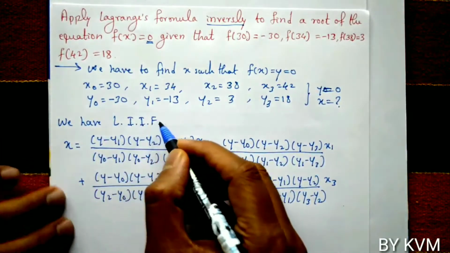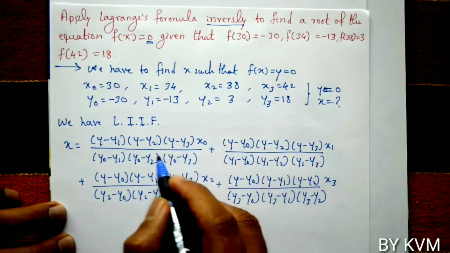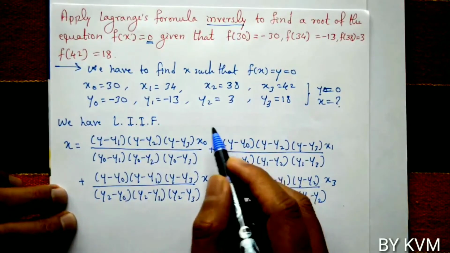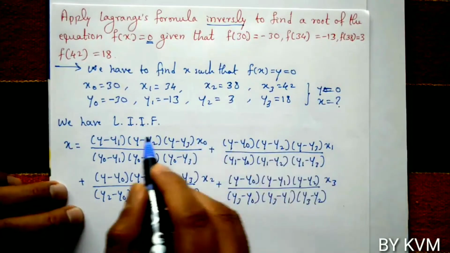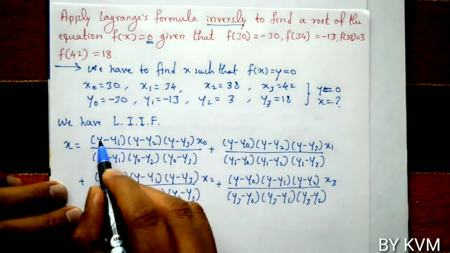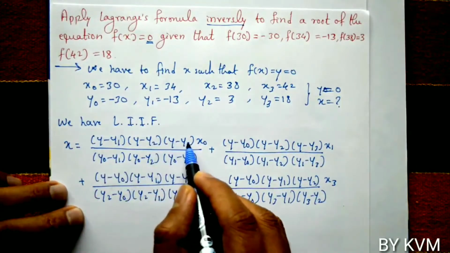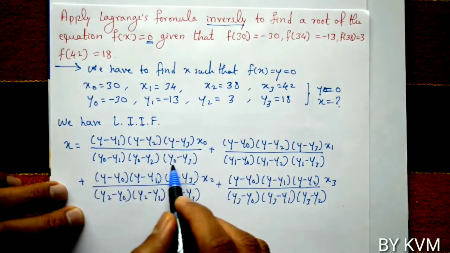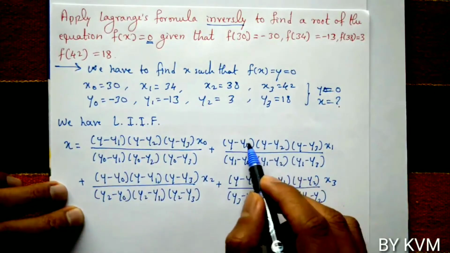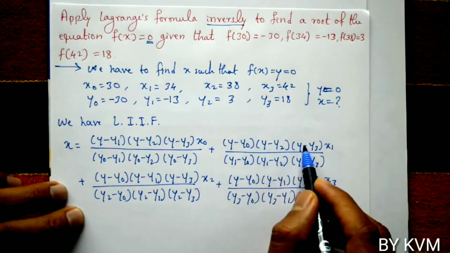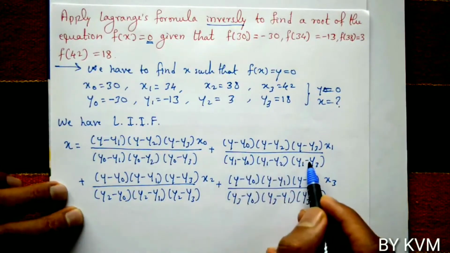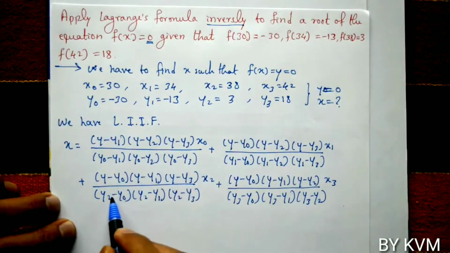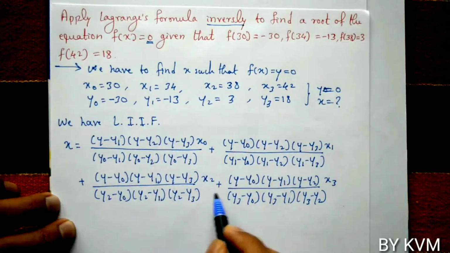So the formula is x in terms of y: (y - y1)(y - y2)(y - y3) into x0, divided by (y0 - y1)(y0 - y2)(y0 - y3). In the second term, y1 is excluded. In the third term, y2 is excluded, and in the fourth term, y3 is excluded.